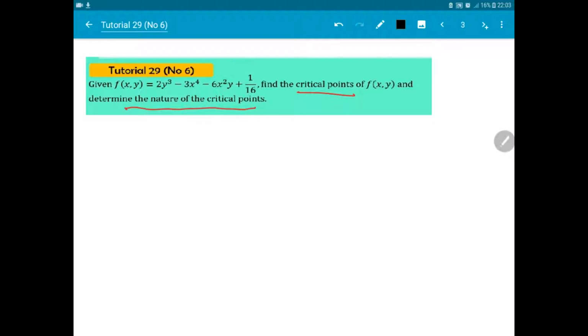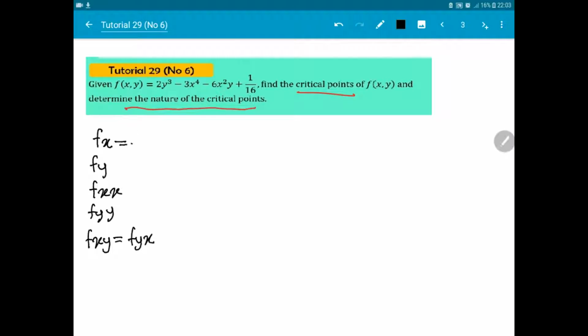First of all, we need to list down all the first partial derivatives and the second partial derivatives for this function. So we need to find fx, fy, fxx, fyy, and fxy that equal to fyx. Let's find fx.